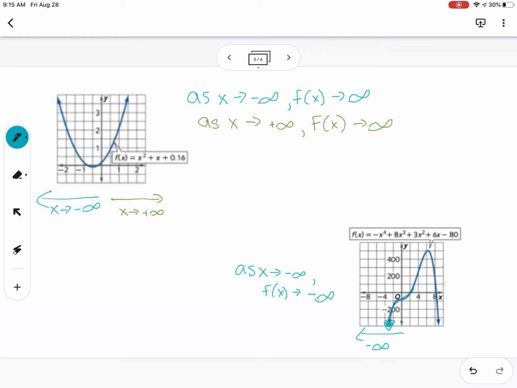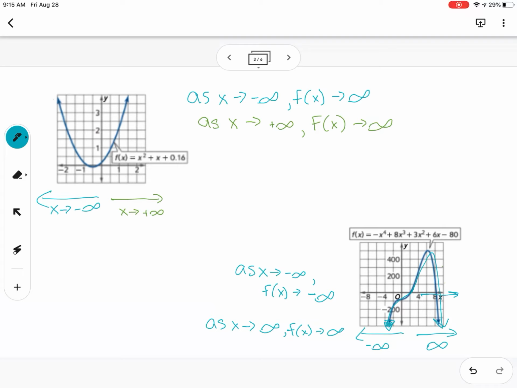It's going down to negative infinity. As x approaches positive infinity, so the other direction, what's the graph doing? Well, the graph is going down as well. So f of x approaches negative infinity. There we go. That's how you do those two.